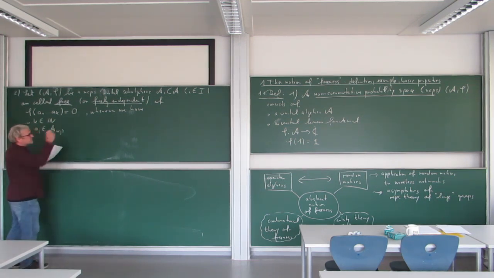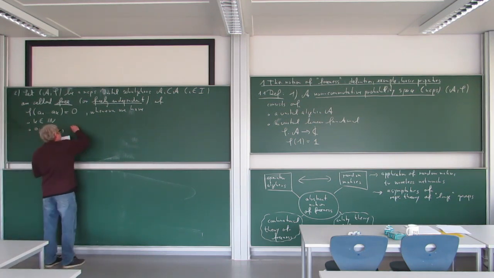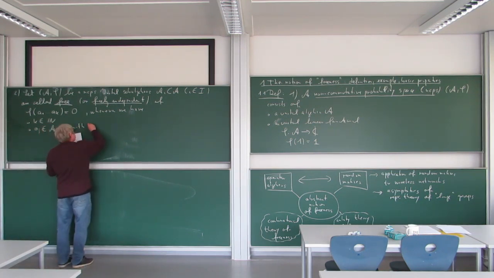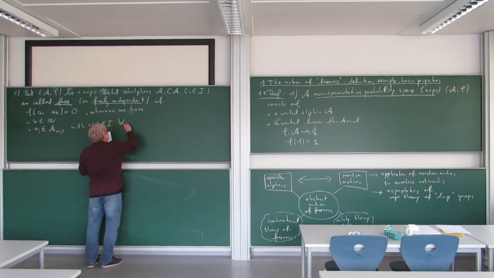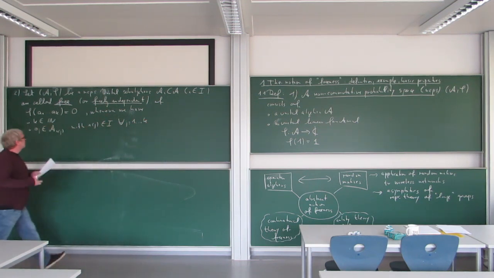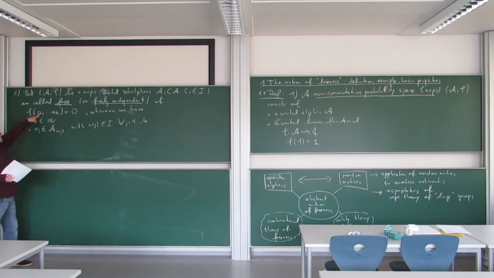Okay, the i_j is an element in my unit set. So this i_j should be an index for all the k factors which I consider here. So I have here a product of k terms, and each of those terms comes from one of the subalgebras. Then I want more.